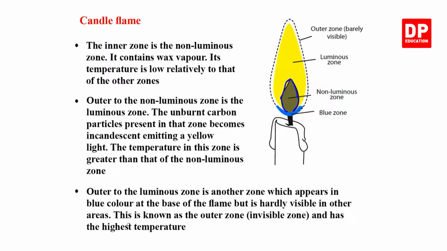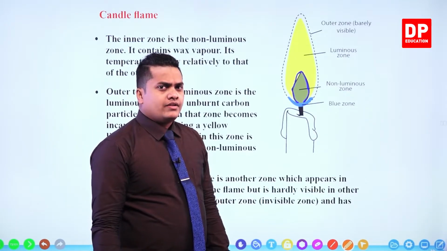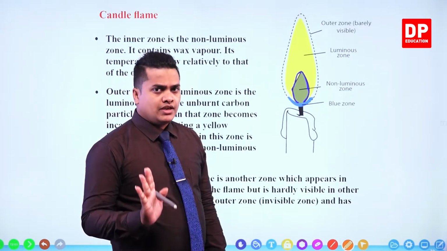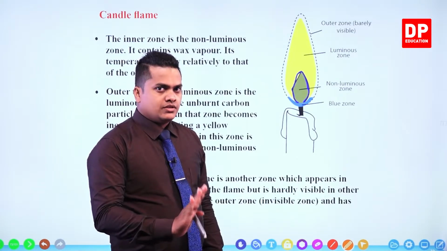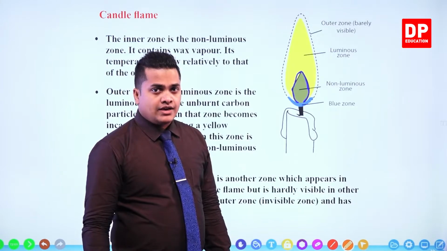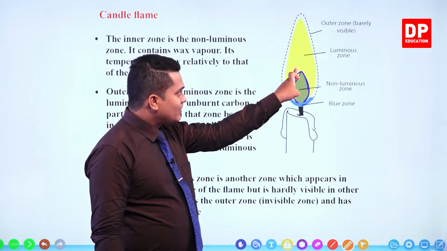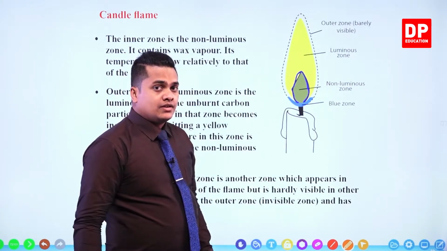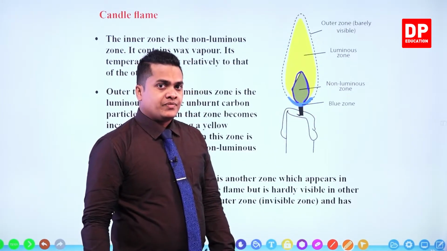Here you can observe unburnt carbon particles. That's why it has a yellow color. When we studied complete and incomplete combustion, I think you learned what color the flame is in each case. During incomplete combustion, a yellow flame is emitted, and during complete combustion, a blue flame is emitted.